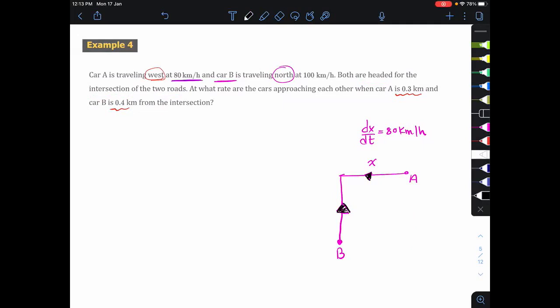North and west, they must intersect. Here's the intersection I. If this distance is y, then dy over dt is equal to 100 kilometers per hour. Both are headed for the intersection of the 2 roads. At what rate are the cars approaching each other?